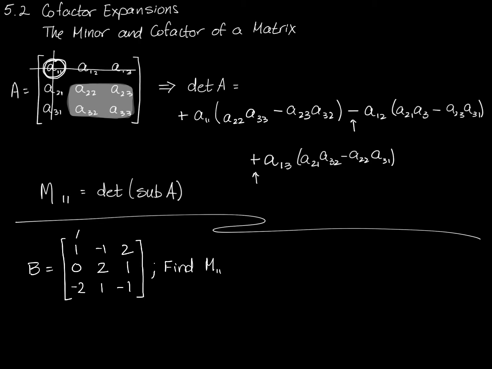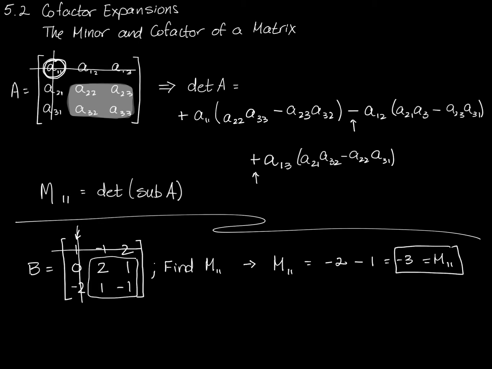I'm looking for the minor of this entry, which means cross out the row and the column to which that entry belongs, and take the determinant of this submatrix here. The minor of entry 1, 1 is equal to 2 times -1 minus 1 times 1, which is -3. So M11, the minor of row 1, column 1, is -3.